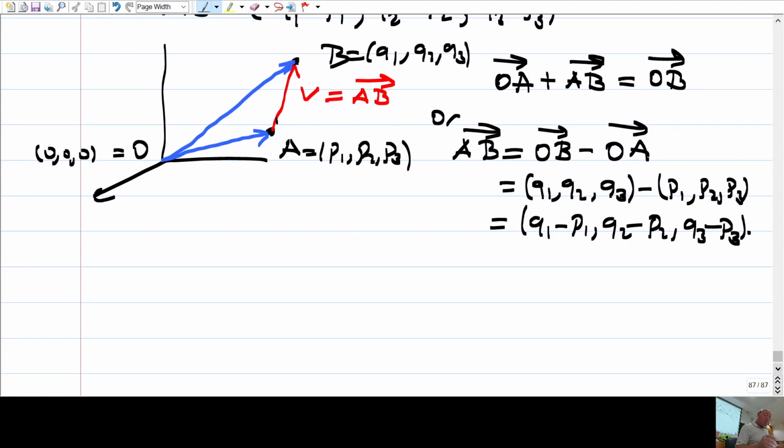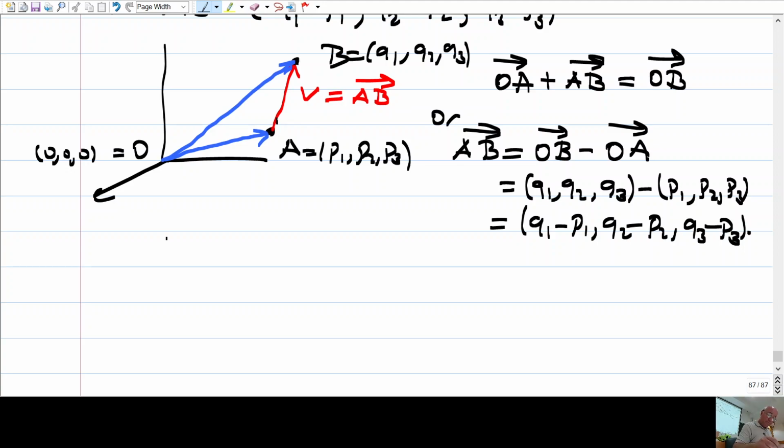And actually this justifies why we identify two vectors as the same, why we regard them as the same if they are parallel and have the same length, because you basically look at the coordinate difference of the two ends of the vector.